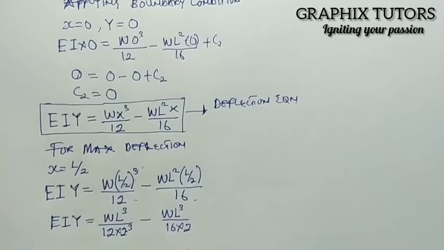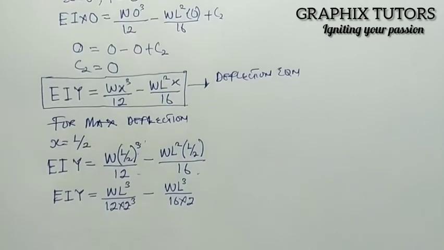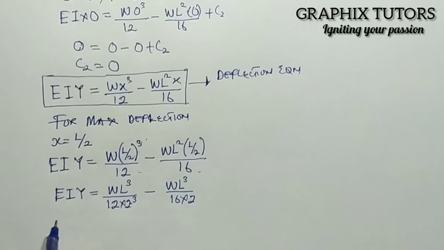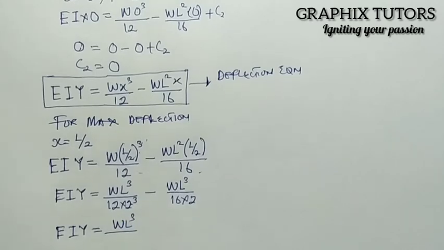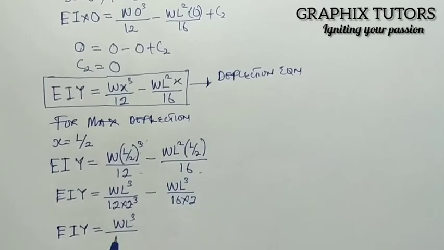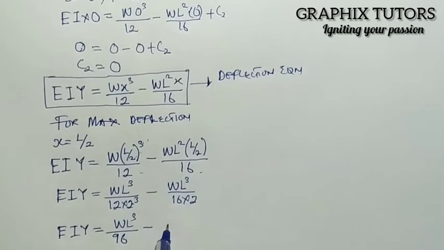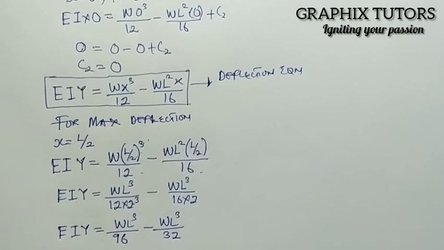Now we're having this. So from here, EI y will now give me wL cube all over 12 times 8, since 2 to the power 3 is 8. 8 times 12 will be 96, minus wL cube over 32.